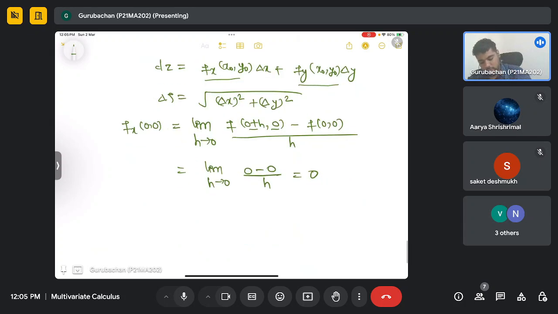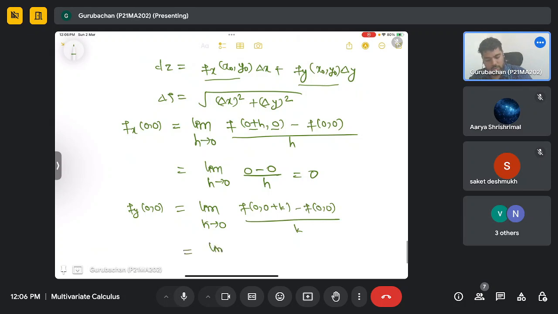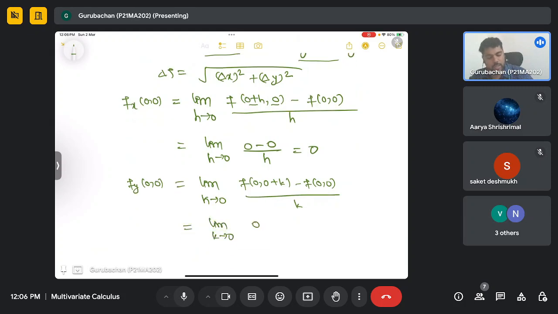In a similar way, if you try to calculate the partial derivative with respect to y, it will be the limit k tending to 0 of f of 0, 0 plus k minus f of 0, 0 divided by k. Again, the product is 0, so the functional value will be 0 minus 0 divided by k, which is 0.